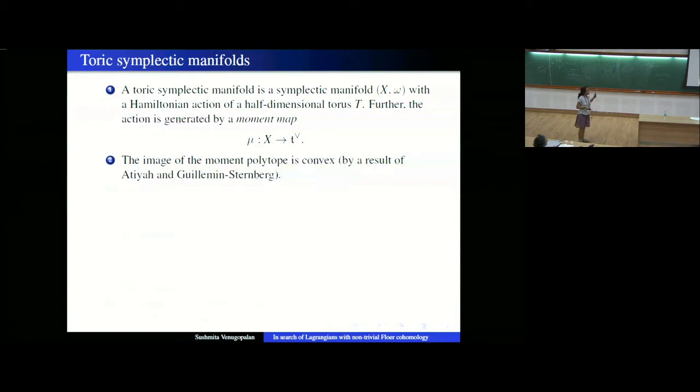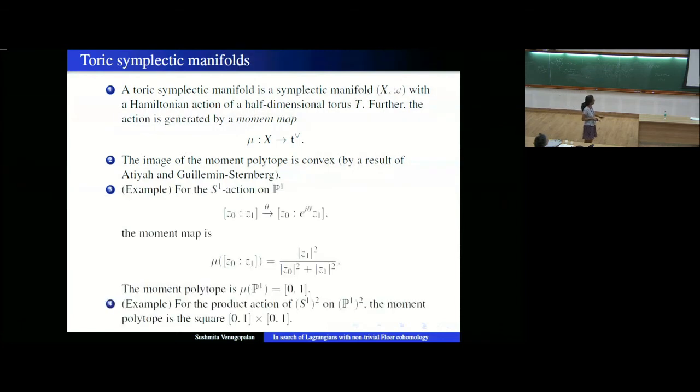Basically a toric symplectic manifold is just a smooth toric variety. If you were to look at it purely in the symplectic geometric world, it's a symplectic manifold with a Hamiltonian action of a half-dimensional torus, and this action is generated by something called a moment map. And the image of the moment map, which is called the moment polytope, is convex.